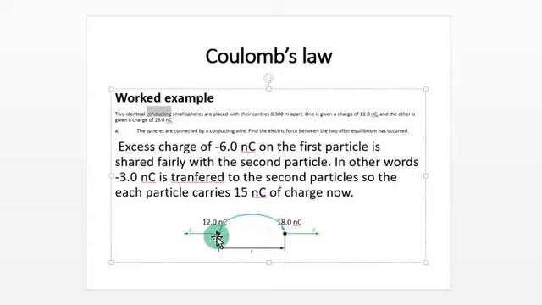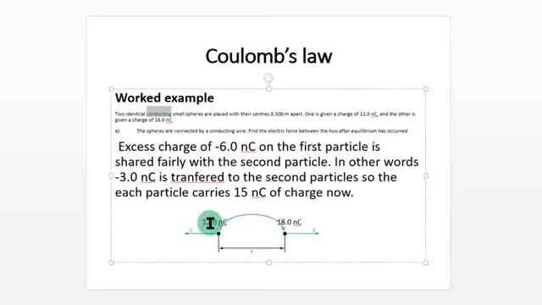And that pulling will continue until this one also grows in positive charge and tries to stop the runaway of the electrons. So the difference in charge here will be about 6.